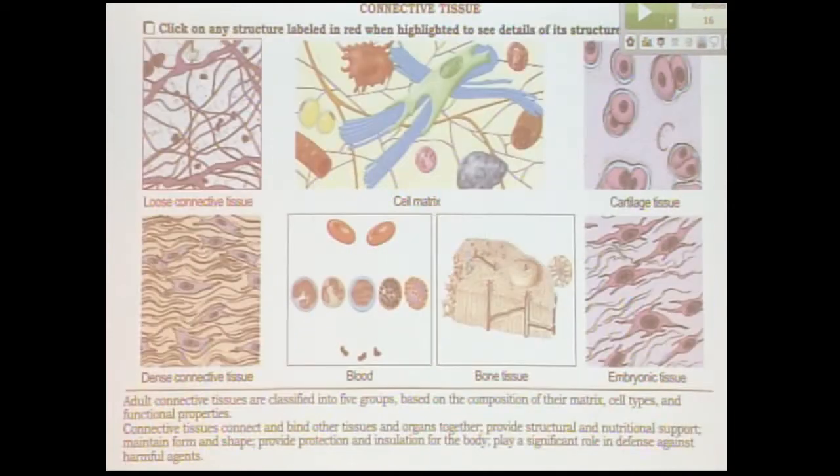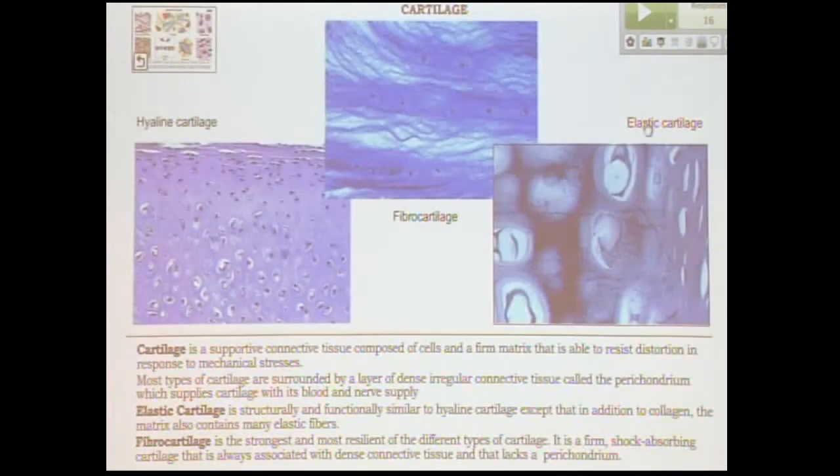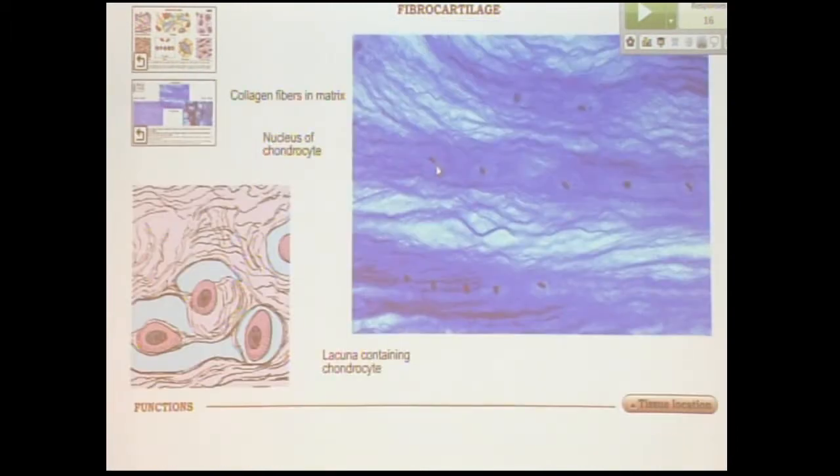All right, then we've got one more: fibrocartilage. If you notice, this fibrocartilage is kind of striated. It has more collagen than our hyaline.